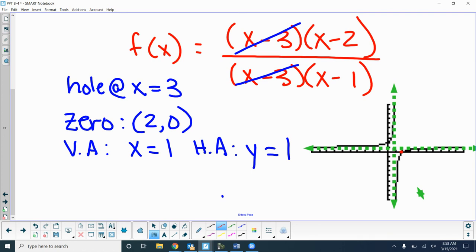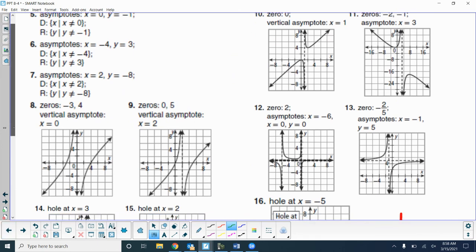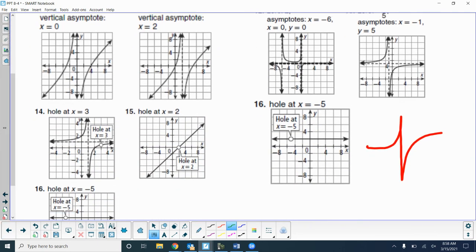So at 3 here, we would make a little hole right above the 3, where that line was. There would be the hole. That was number 14, the better picture of it here. Does that help?